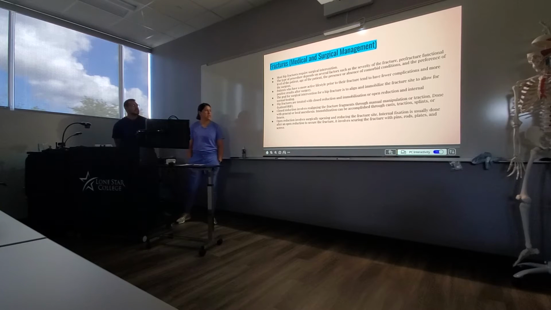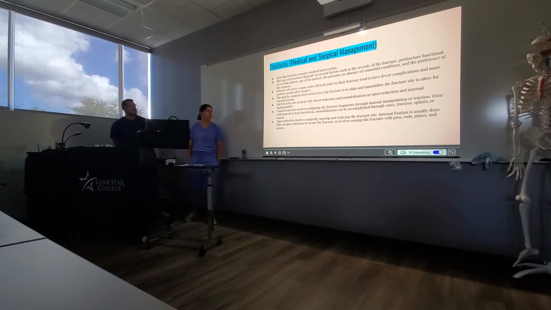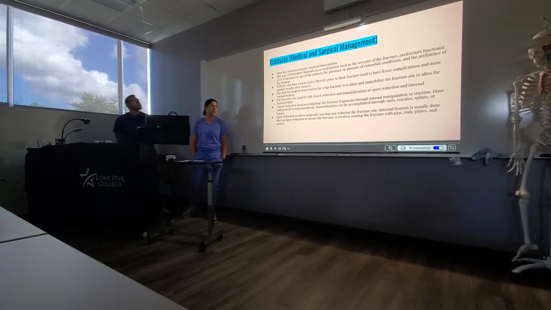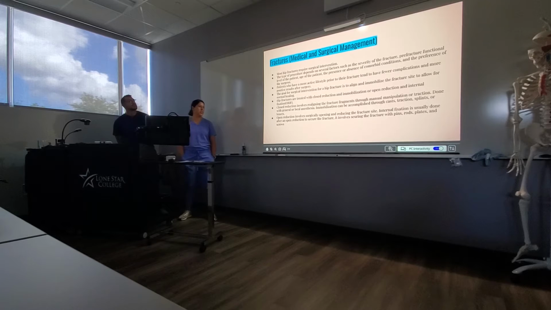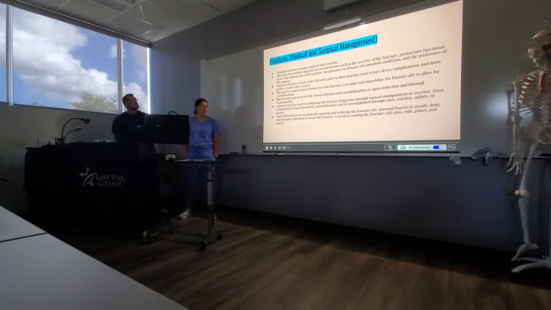Hip fractures are treated with either closed reduction and immobilization, or open reduction and internal fixation. Closed reduction involves realigning the fracture fragments through manual manipulation or traction with general or local anesthesia, because this can be really painful. Immobilization can be accomplished through casts, traction, splints, or braces.